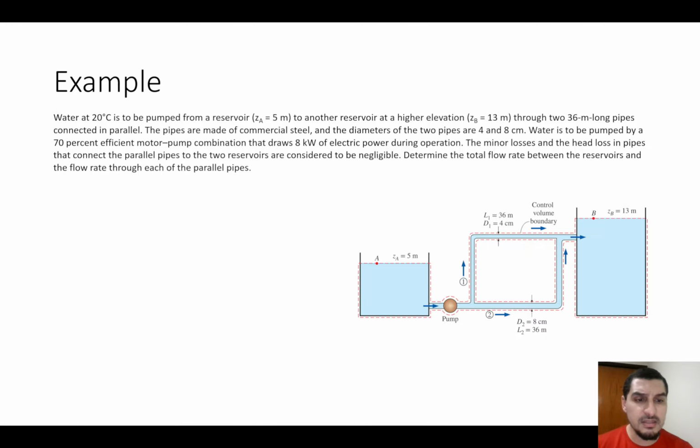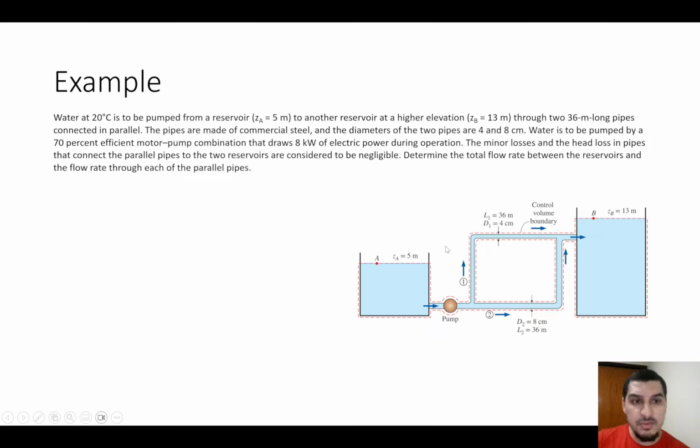So we have two tanks filled with water. There is a pump that is used to pump the water from the smaller, or the first tank, to the second one. The elevation of the water surface of tank A, which is point A, is 5 meters, and for tank B is 13 meters.